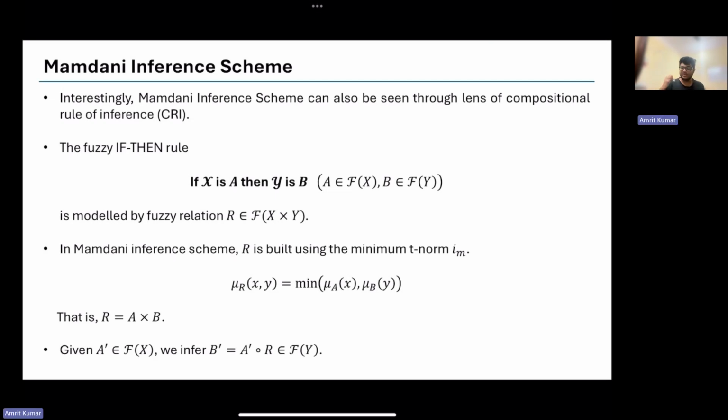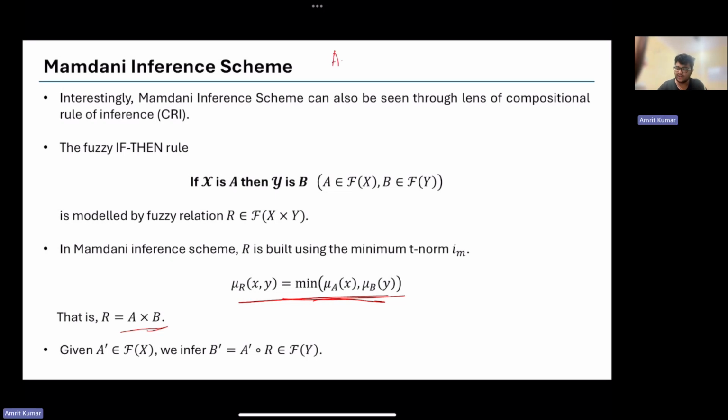By the way, building R using minimum operation essentially gives us the Cartesian product of fuzzy sets A and B.